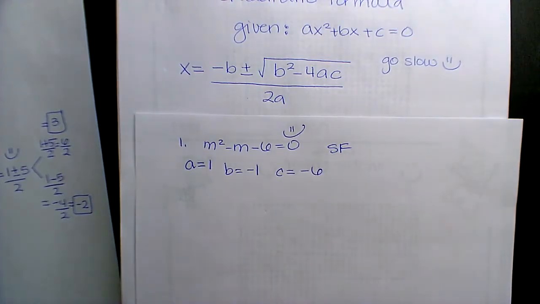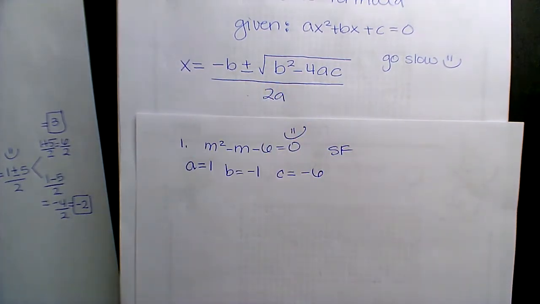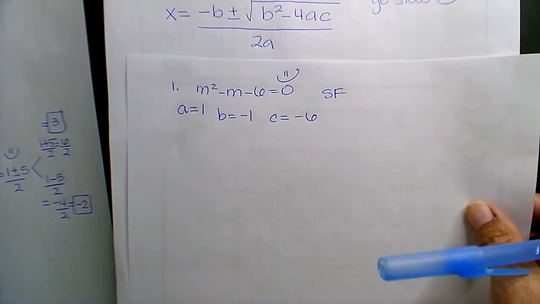So at the very beginning, is the quadratic written in standard form? If it is, go ahead and use your eyes and grab A, B, C. If not, you have to rewrite it into standard form, set equal to 0. All right, so now your formula. If you're messy, you tend to get wrong answers. I recommend this, but you're not obligated.